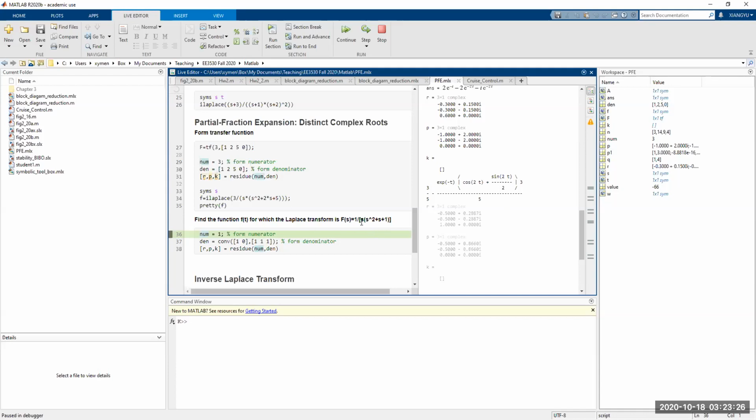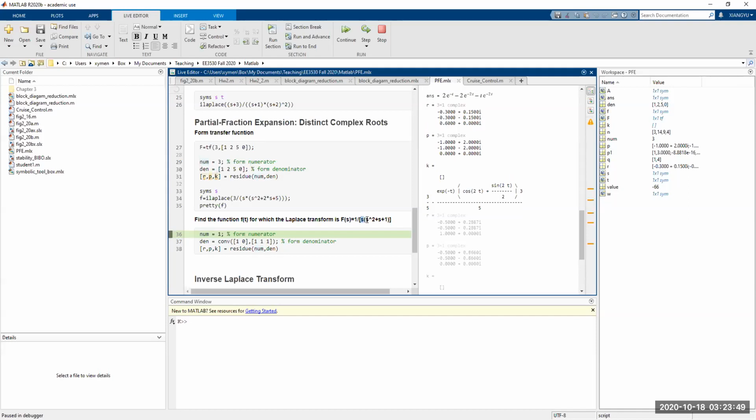Here is another example. For distinct complex roots, the numerator is 1, and the denominator is s cubed plus s squared plus s plus 0. It can be considered as the multiplication of two polynomials.